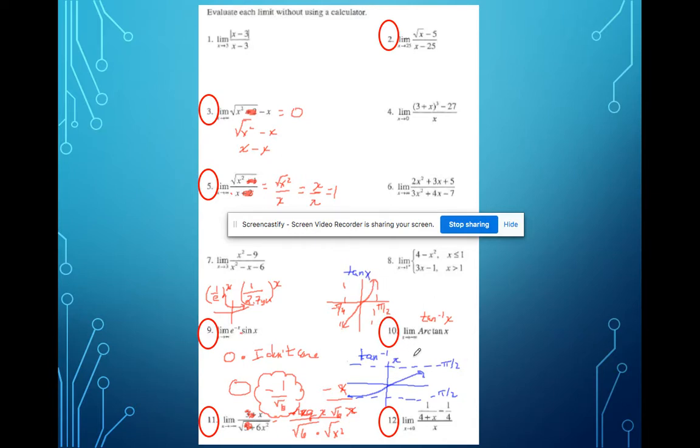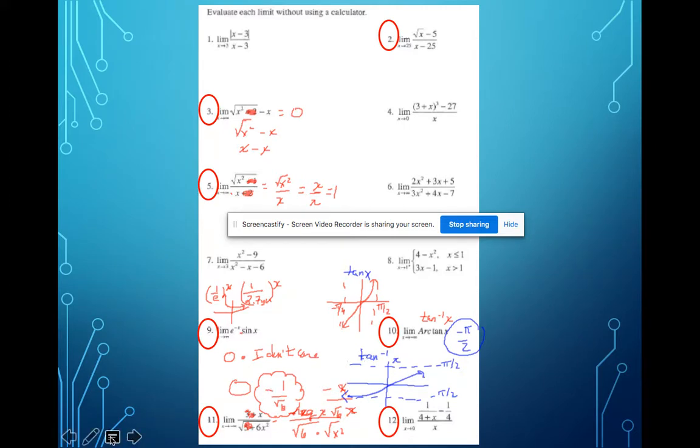Now look, what is the limit as x goes to negative infinity? What is the limit? All because I knew tangent was undefined at negative pi over 2. So inverse tangent has a horizontal asymptote at negative pi over 2, and the graph swooshes off towards that, or slides off towards that.